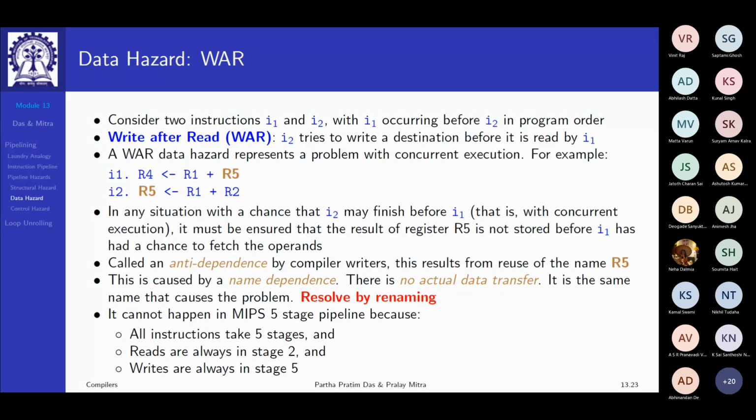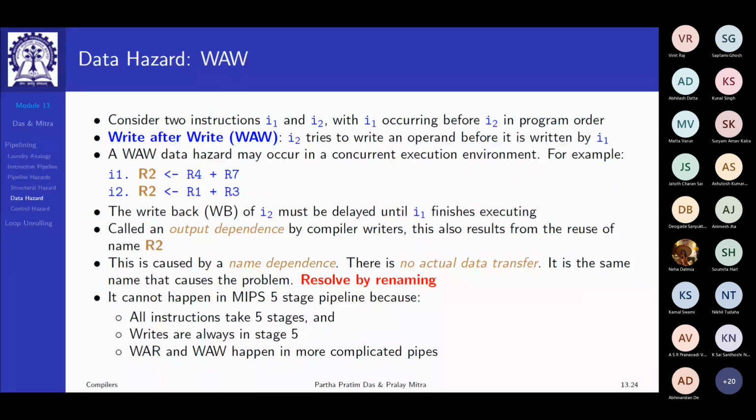But there could be other pipelines where these kinds of problems can come. Similarly for WAW, it is not possible to have it in the MIPS 5-stage pipeline because the writes are always in stage 5. So the write of I2 will happen after the write of I1, even in the 5-stage pipeline case. So the basic requirement of sequentiality will be maintained. But there may be more complicated pipelines where these cases will need to be handled.